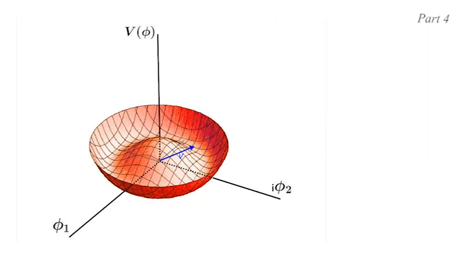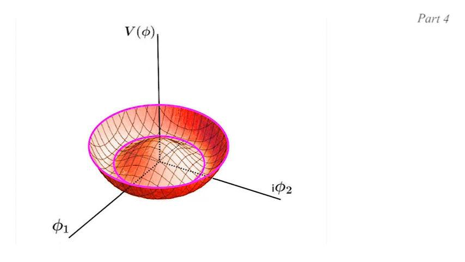Now, however, with the complex phi field, the potential will stay the same if you go in a circle with phi, if I can put it like that. For example, the mauve circles here illustrate some lines of constant potential. As you move around any circle like this around the complex plane, changing phi 1 and phi 2 but keeping the radius the same for a particular line, the potential will stay the same.